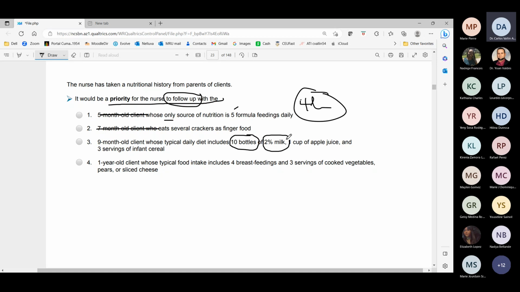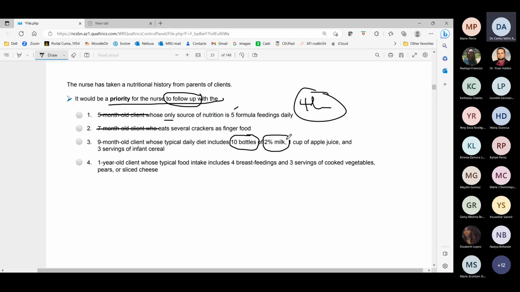Cow milk, and they cannot have cow milk before 1 year of age. Cow milk has a lot of sodium and overloads the kidneys of the infants, producing serious problems. Cow milk can also produce problems in the mucosa of the intestine, because of the osmolarity of the cow milk.